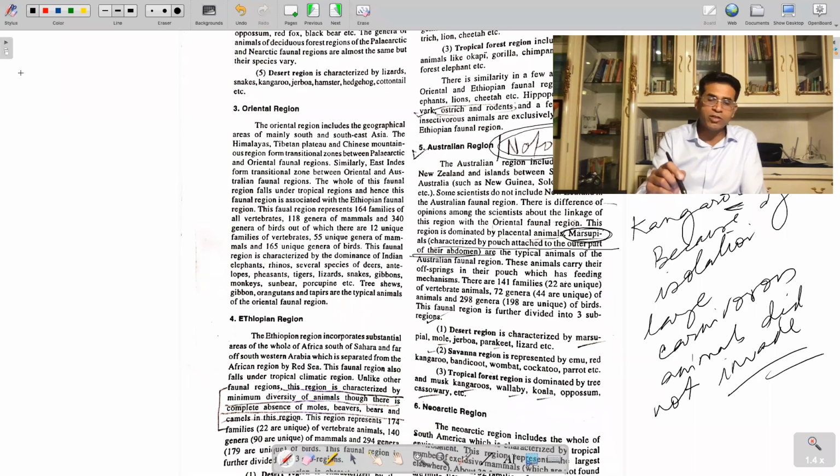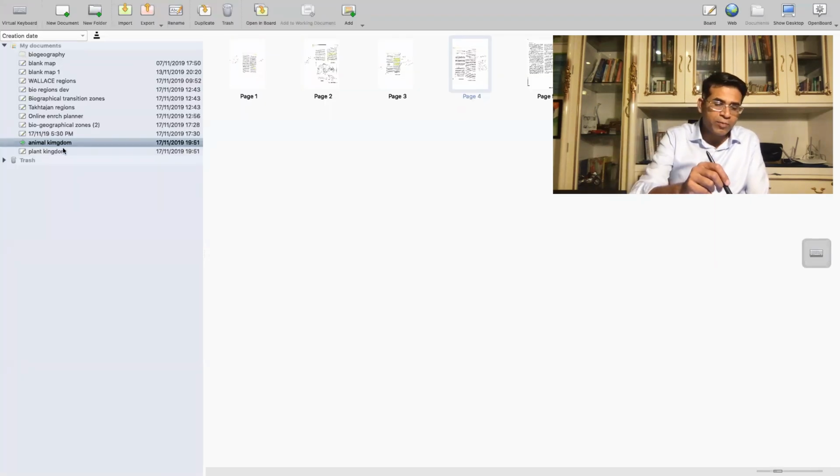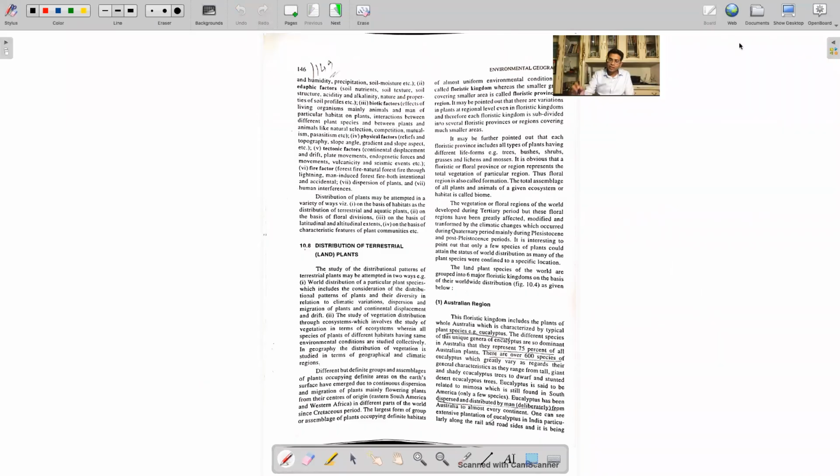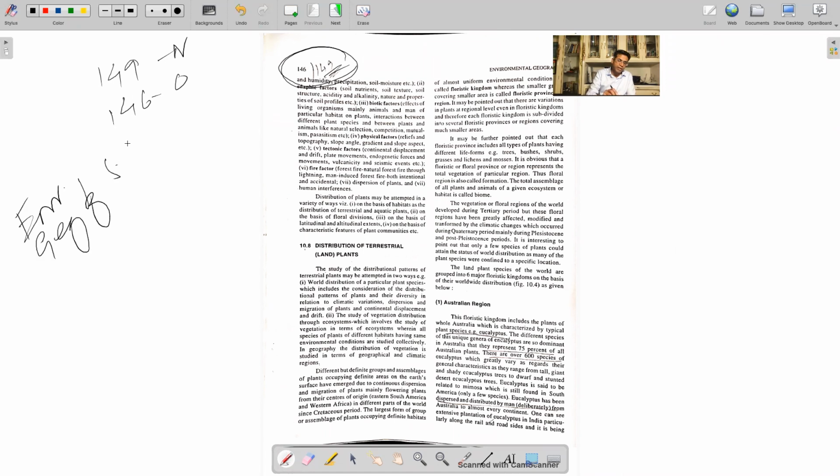Now, in the plant distribution, you may choose to look up the textbook. So this is page number 149, in the new edition, and 146 in the old edition. I'm looking at Environmental Geography by Savindra Singh.